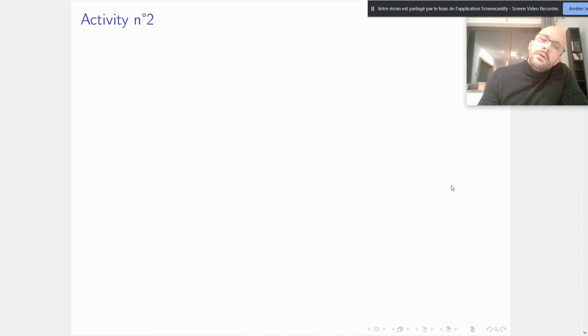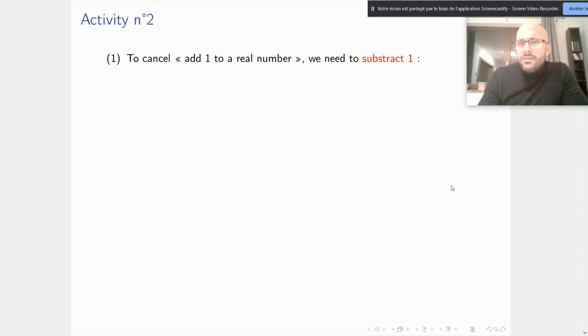For the first one, what cancels adding 1 to a real number? It seems pretty easy and obvious that we only need to subtract 1. I use a little scheme to present this instead of plain English, and you will see, theoretically, it will remind you of something that you learned at college.